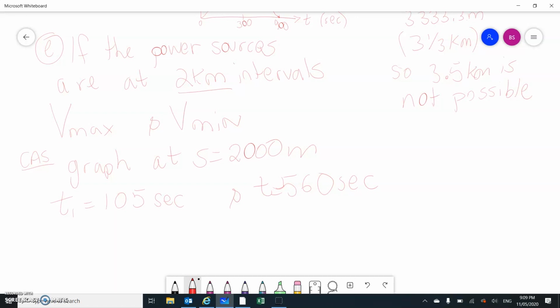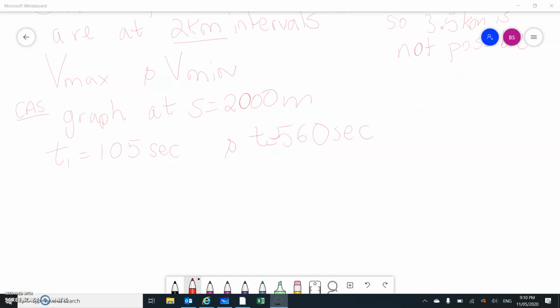So what you need to find from that is your Vmax and your Vmin. Vmax and Vmin, the units for that are meters per second. So here we've got the time and we've got the S value. Our S value for both of them is 2,000 meters.